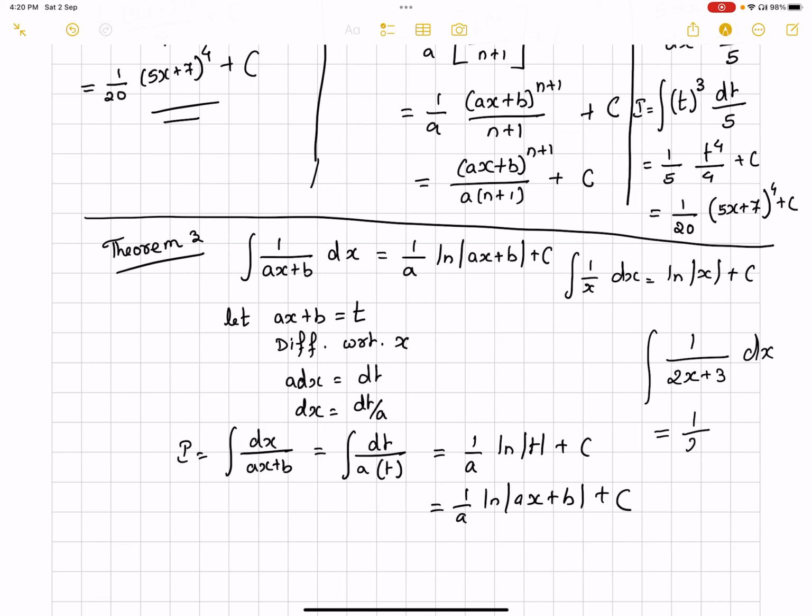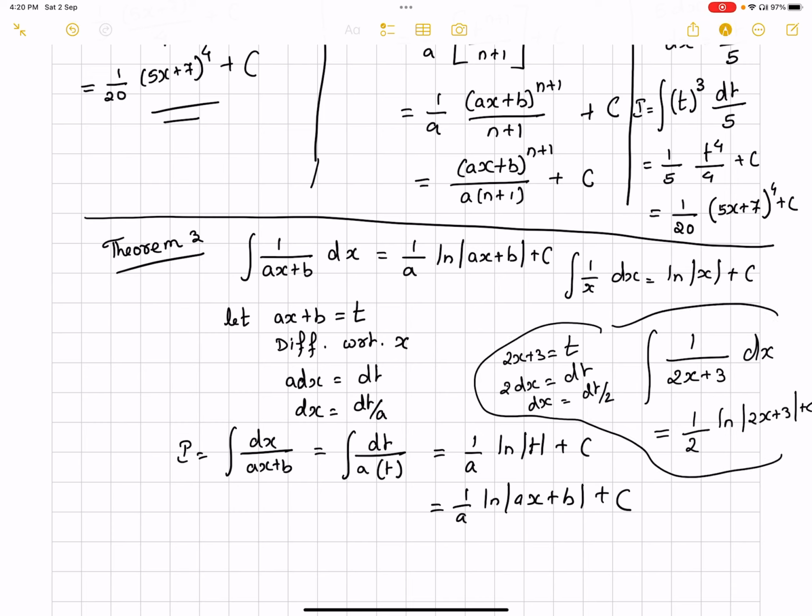You can just write it as 1 by 2 ln of mod of 2x plus 3 plus c. Directly you can write this. If you want, you can go with substitution. You would consider 2x plus 3 is equal to t, then 2 dx is equal to dt, then dx is equal to dt divided by 2, and then you would proceed with the problem. So instead, we can do it directly. That's the reason we are learning this now.